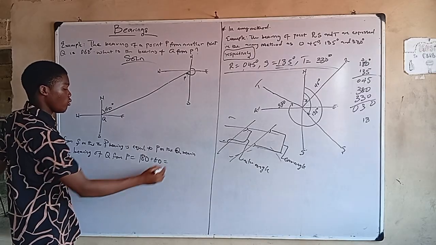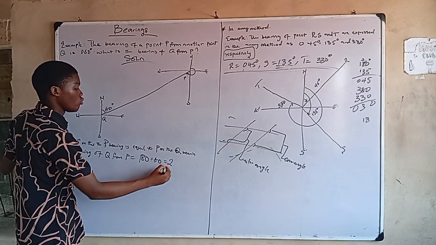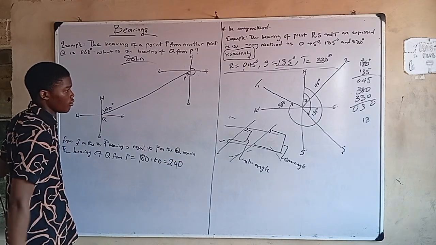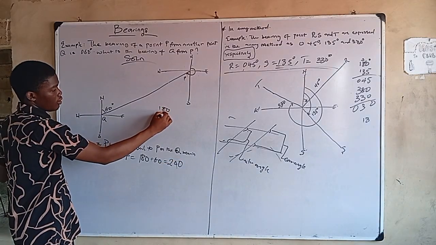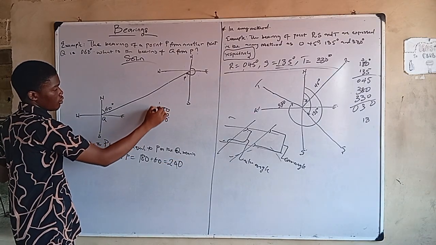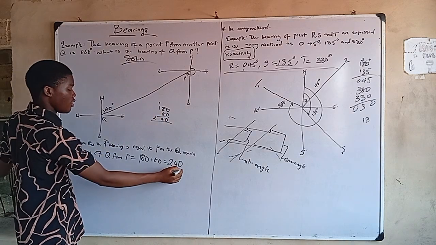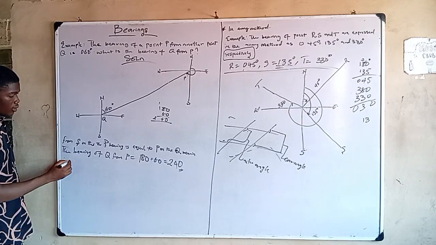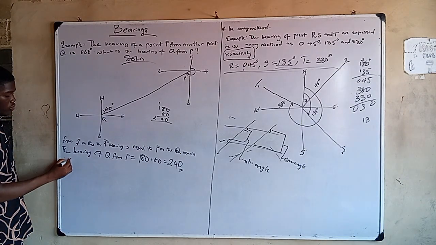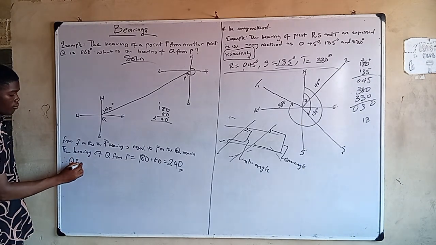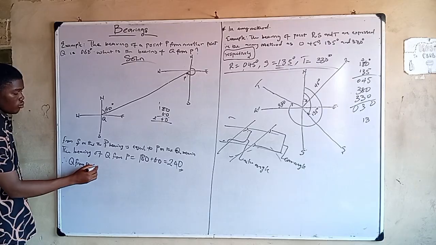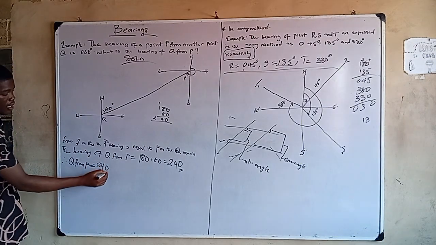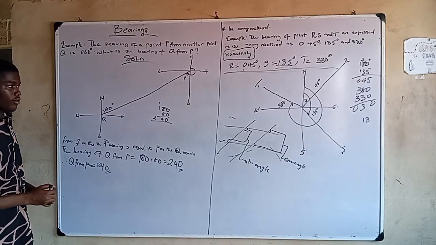So this plus this is equal to 240, 180 plus 60. So our answer here is 240. Therefore, Q from P is equal to 240. As simple as that. So simple.